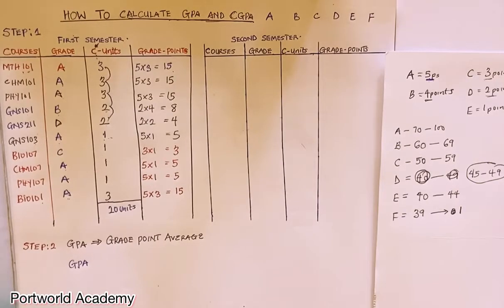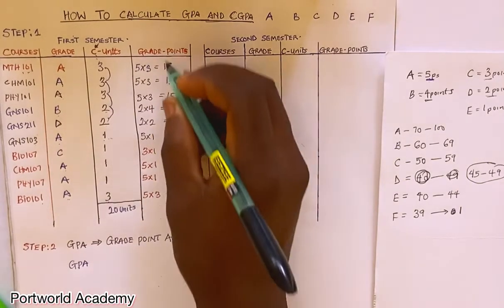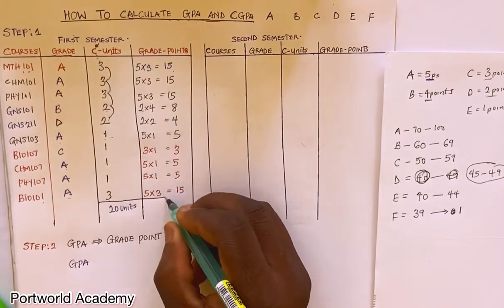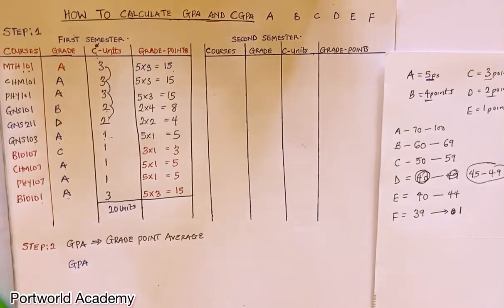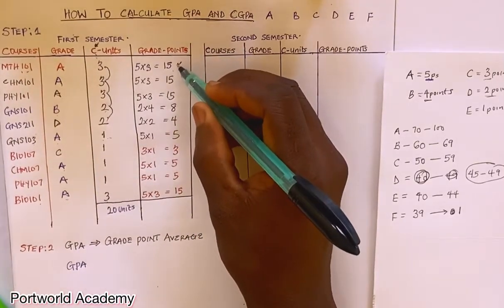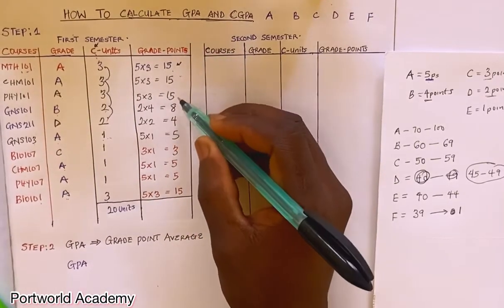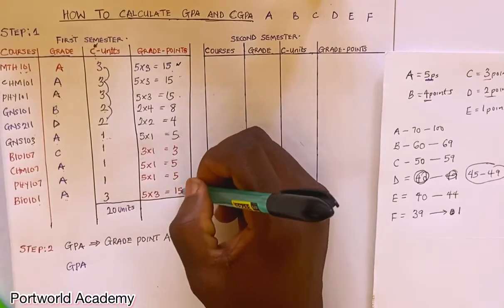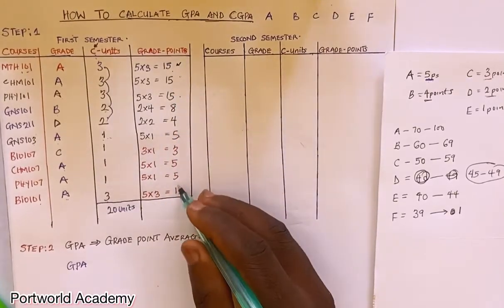You understand it now? So then you come back to your grade point. You sum up everything together. You have 15 here, right? So you have 15 here, 15 here, you have 5 here, 15 here. You add everything together.